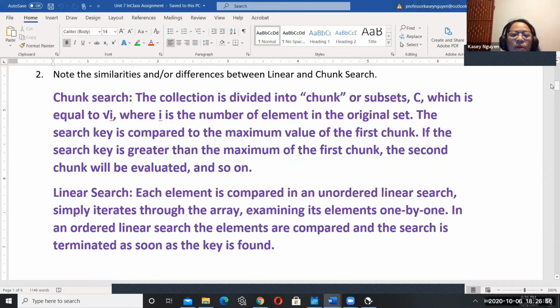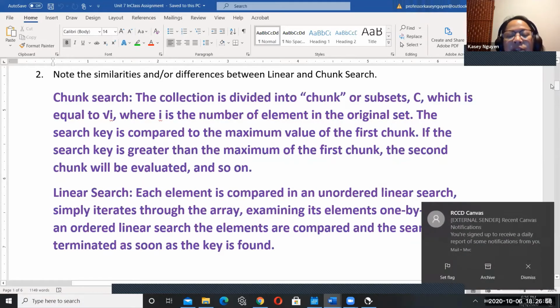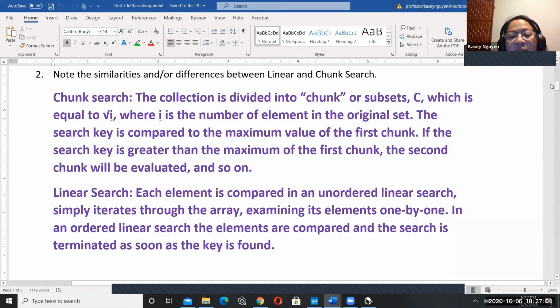We can say square root of n. And the search key is compared to the maximum value of the first chunk. If the search key is greater than the maximum of the first chunk, the second chunk will be evaluated, and so forth.